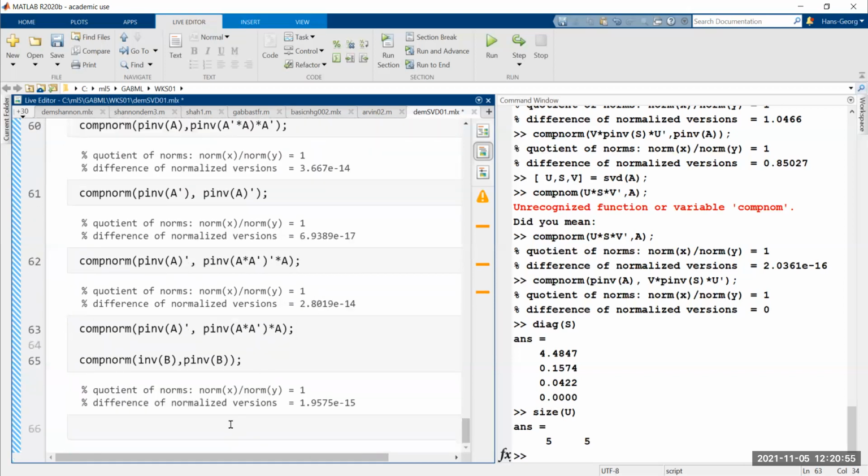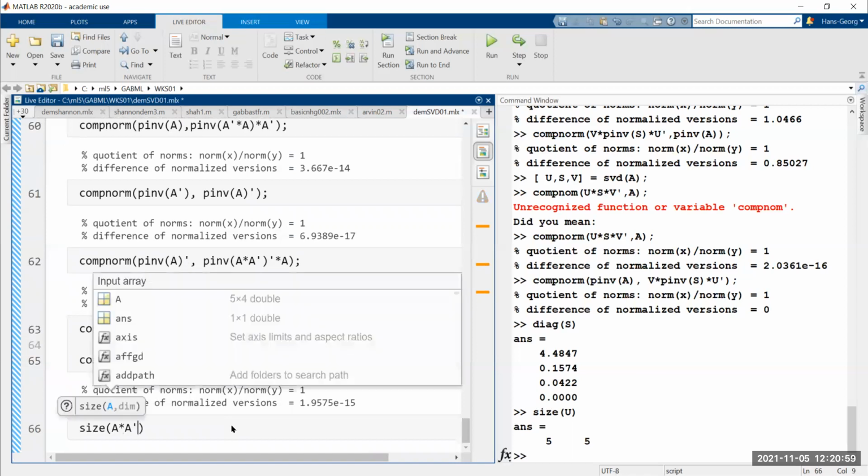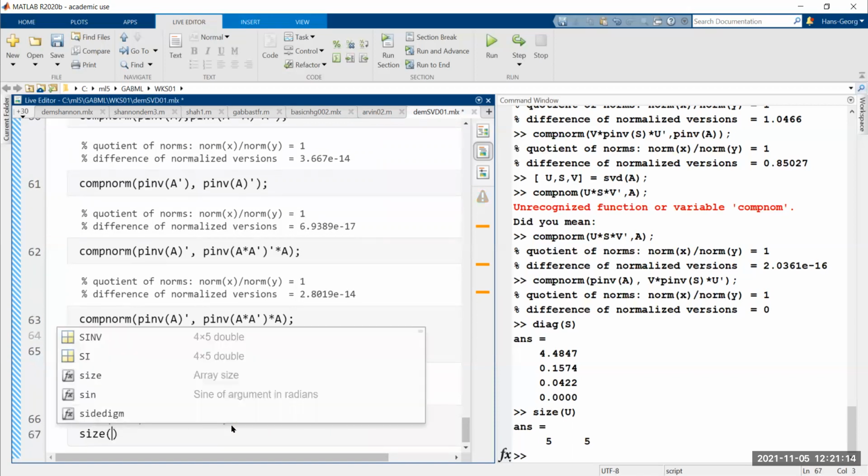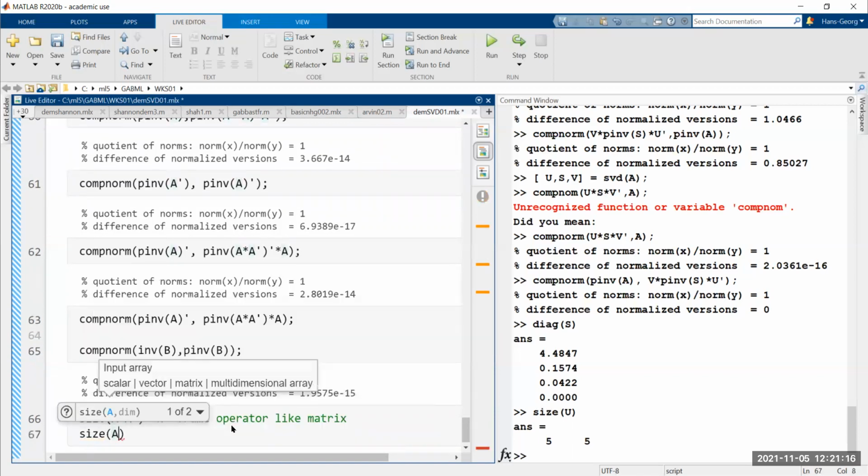Maybe just recall, what is the size of A with A prime? And I would say that's the frame operator for those coming later. Frame operator like matrix. And the other one would be the size of A prime with A, which is more or less the Gram matrix.